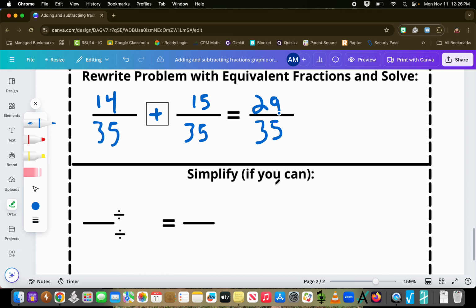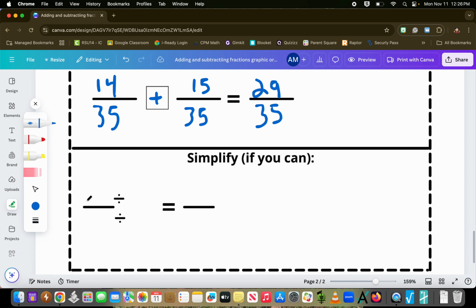And then we come down here to see if there is any way to simplify this. So again, to simplify, we have to think about our factors of each number. So our factors for 29, in this case, are just 1 times 29.